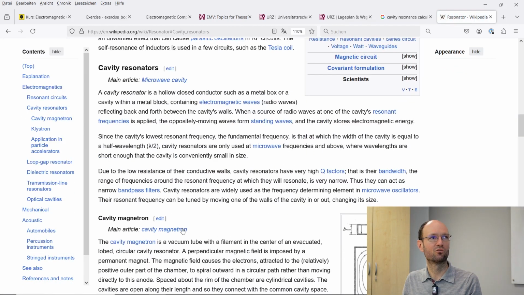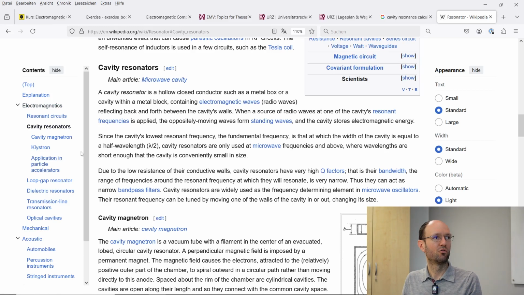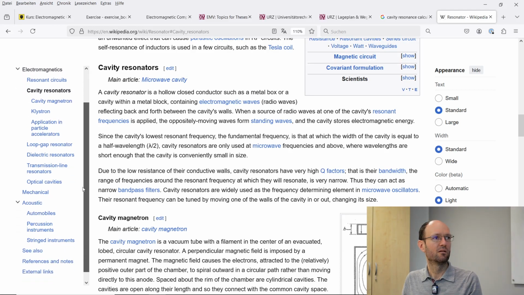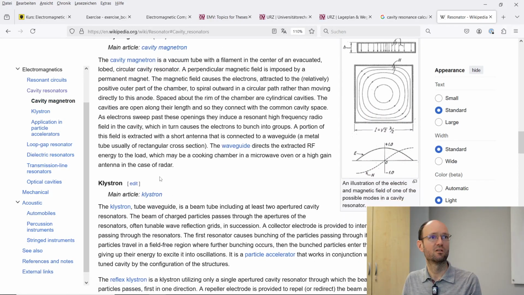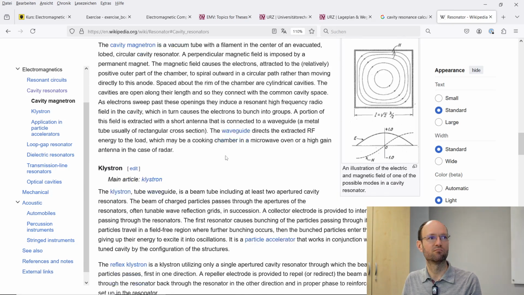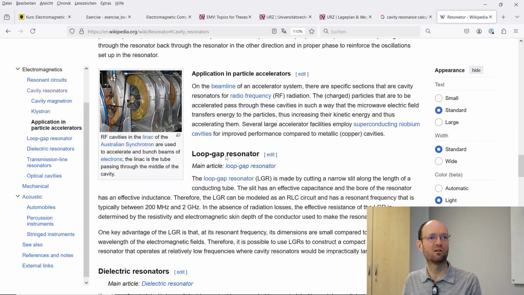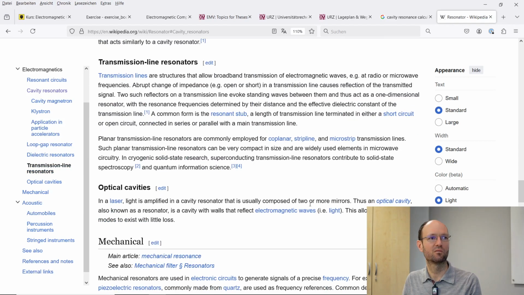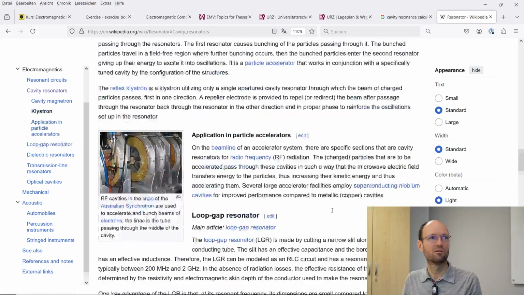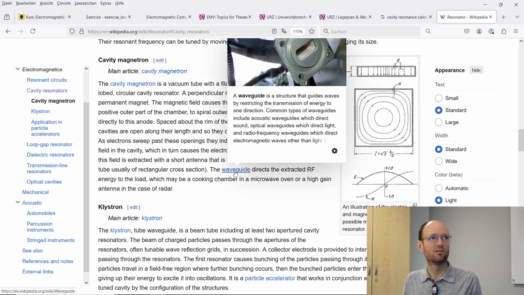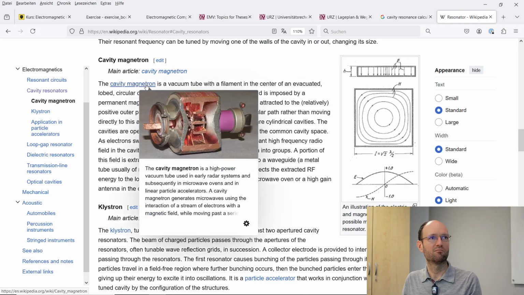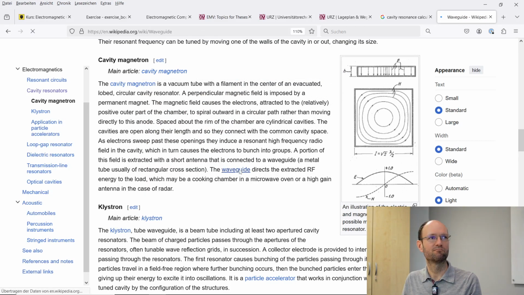This does not look too bad. So, transmission line resonators, mechanical cavity resonators, cavity magnetron. It's not really the formula that I'm looking for. No, it's not a magnetron.